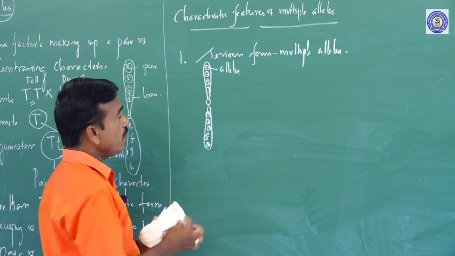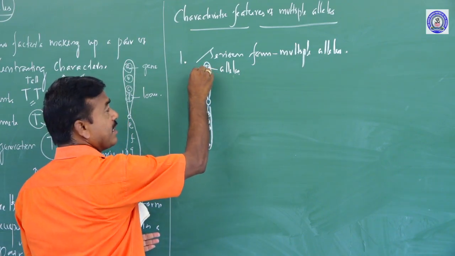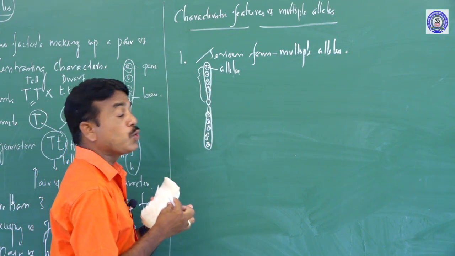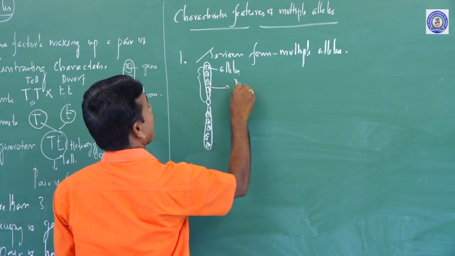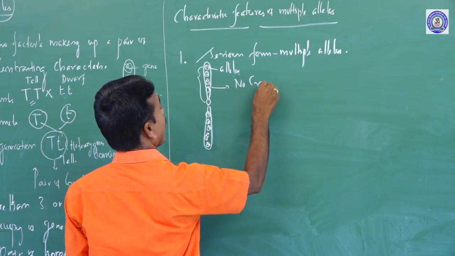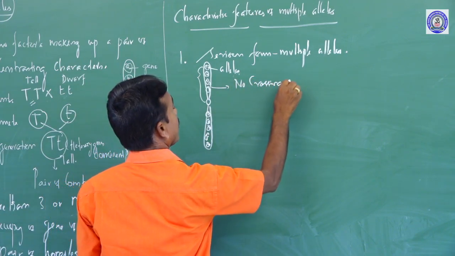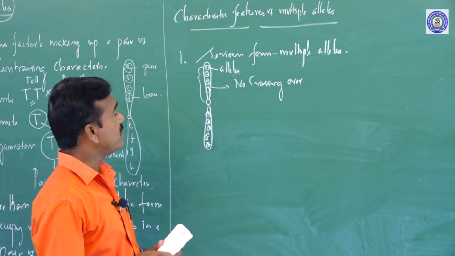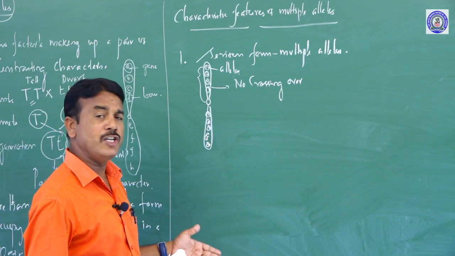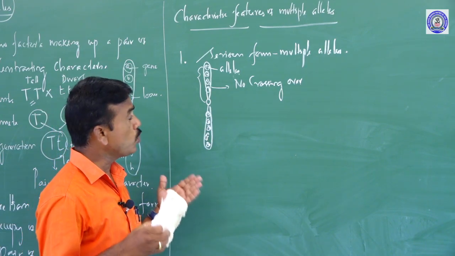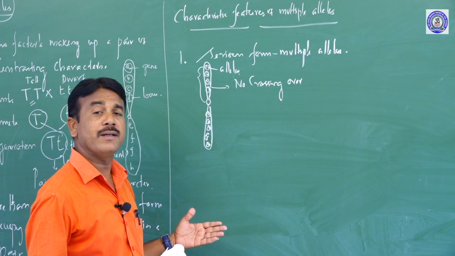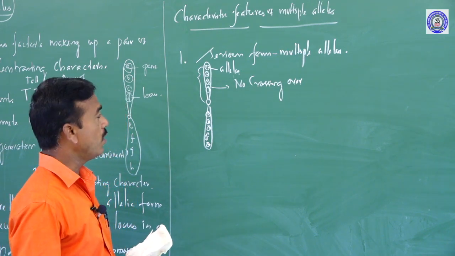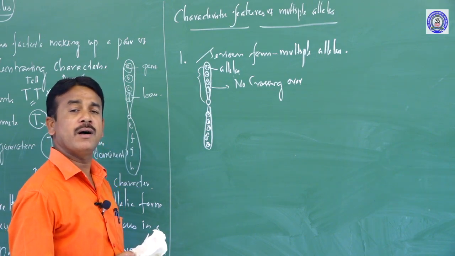If they occur in the form of a series, there is no possible crossing over. In a chromatid, genes occur as a series, so there is no possible crossing over between the allelic series. What is crossing over?